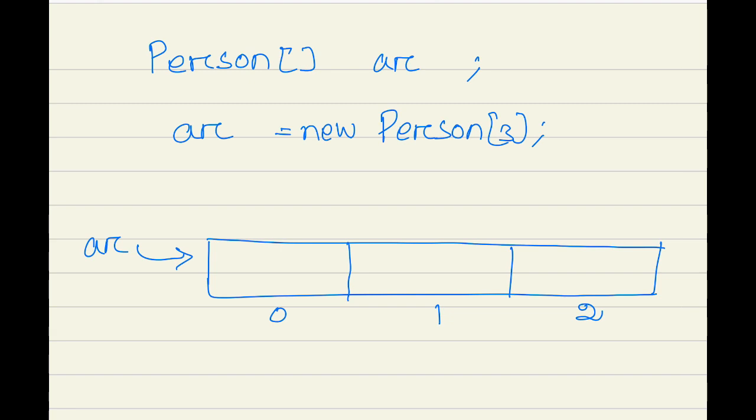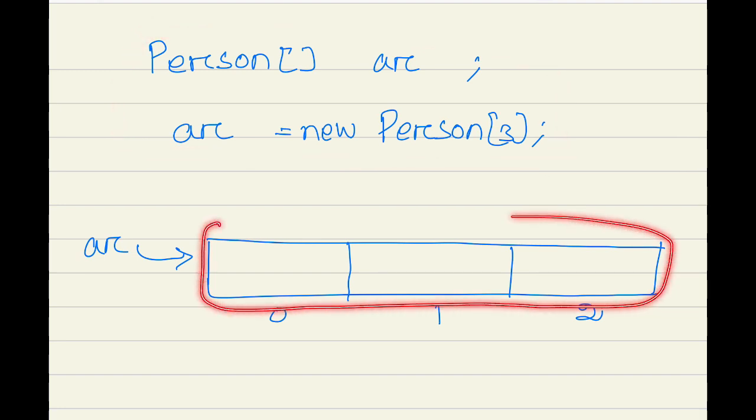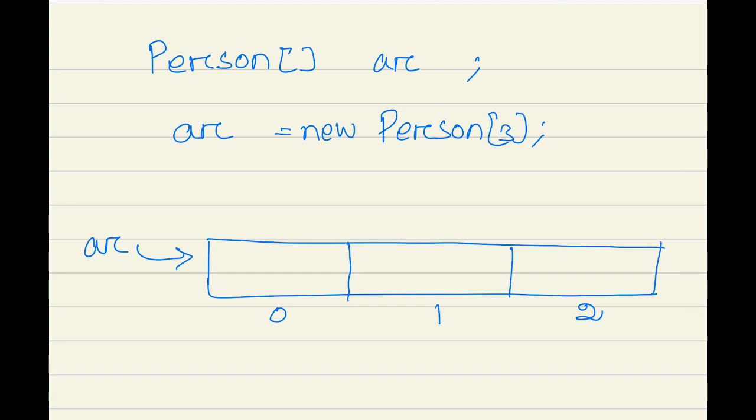Here index 0 can store a person object. Similarly, we can store another person object at index 1, and another person object at index 2. So using these 2 statements, this array is created and this one is null, this one is null, this one is null.